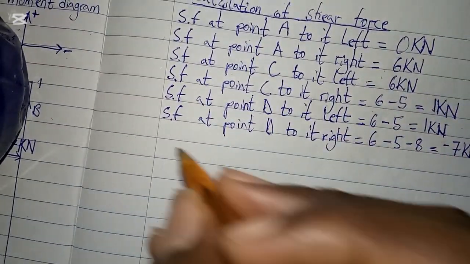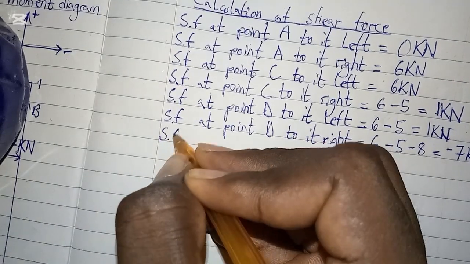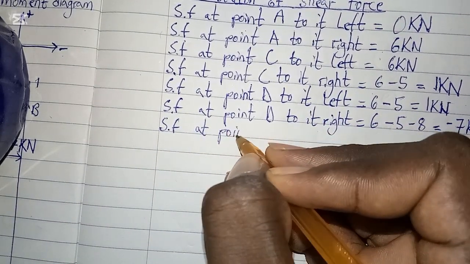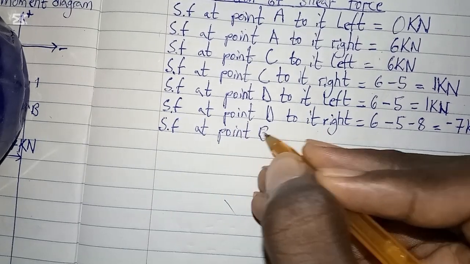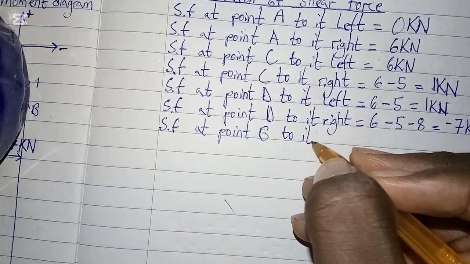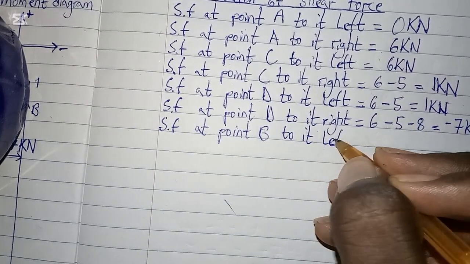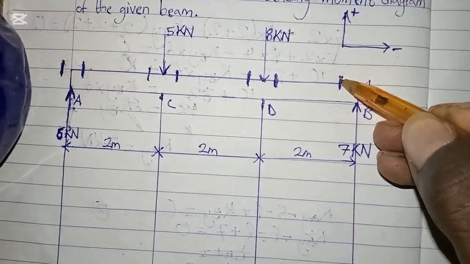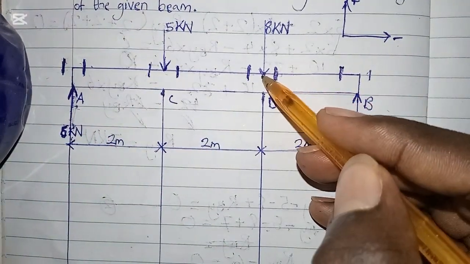Shear force at point B to 8 left first. To 8 left is here. So if you are standing here, what forces can we see? You can see this force, this force, and this force.